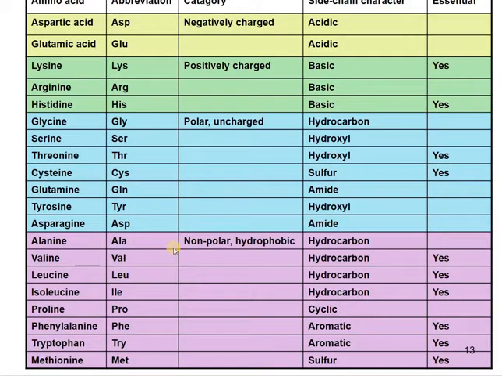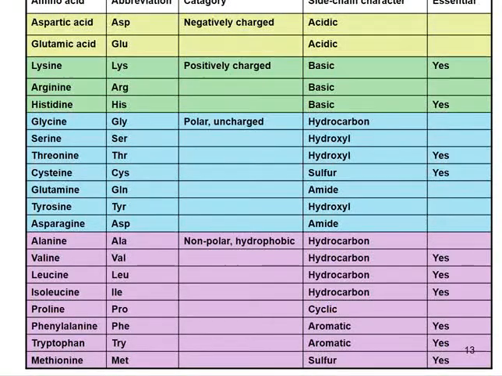This is just a table summarizing all of those different types of amino acids. Very important, something that I forgot to mention here is the essential and non-essential part of the amino acids. When we talk about essential amino acids, we talk about amino acids that the body cannot produce, or produces in smaller quantities, which is not enough for the requirements.